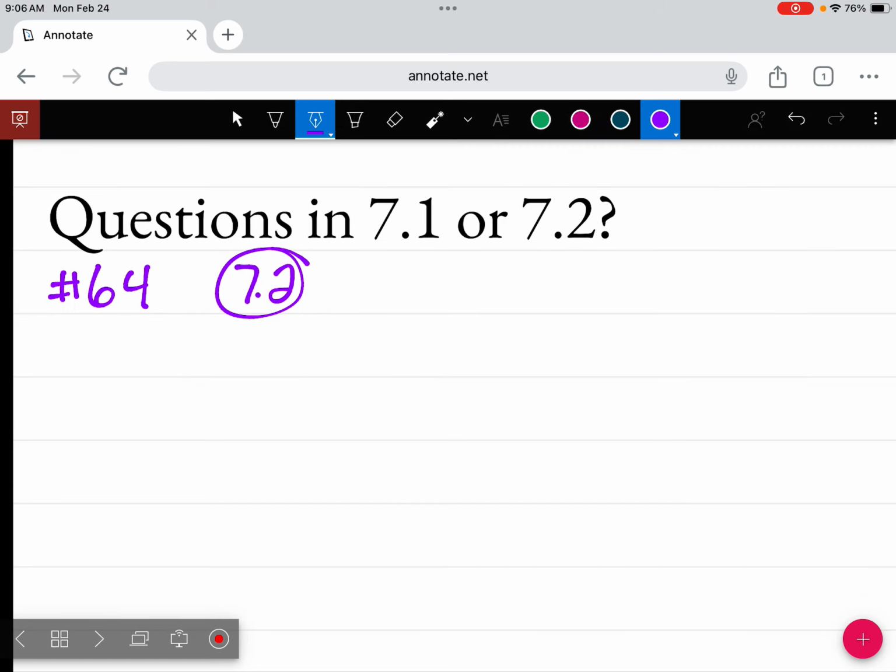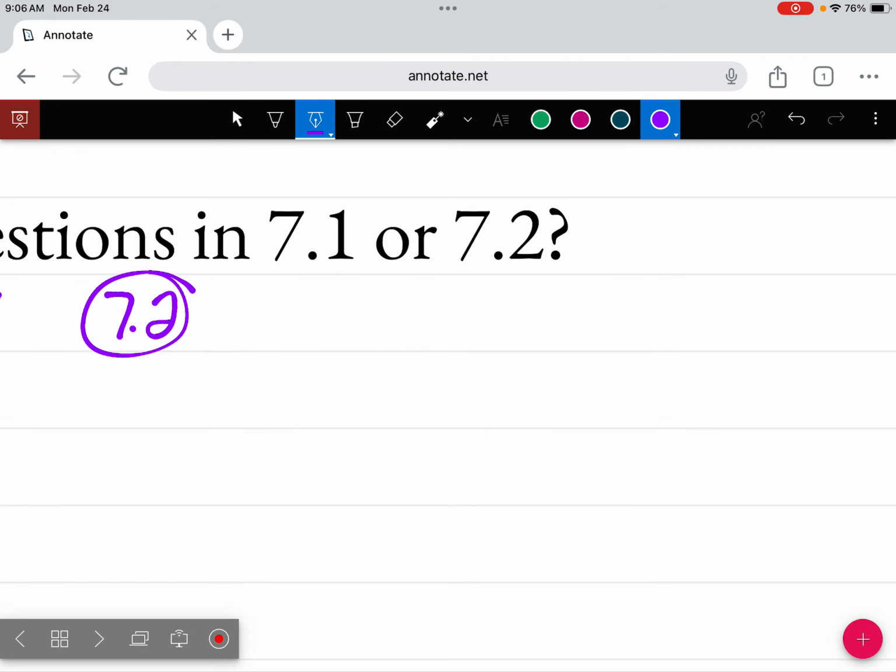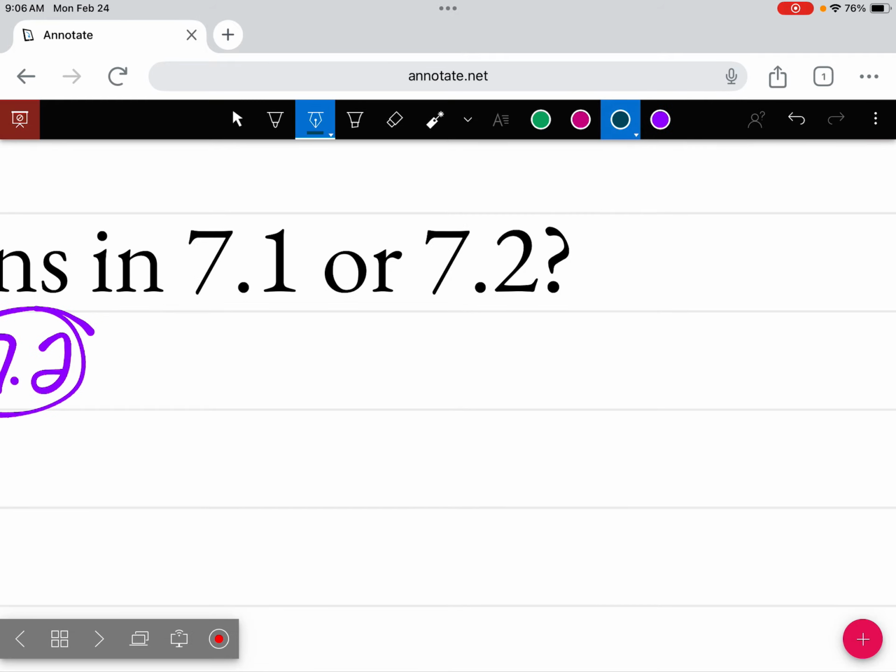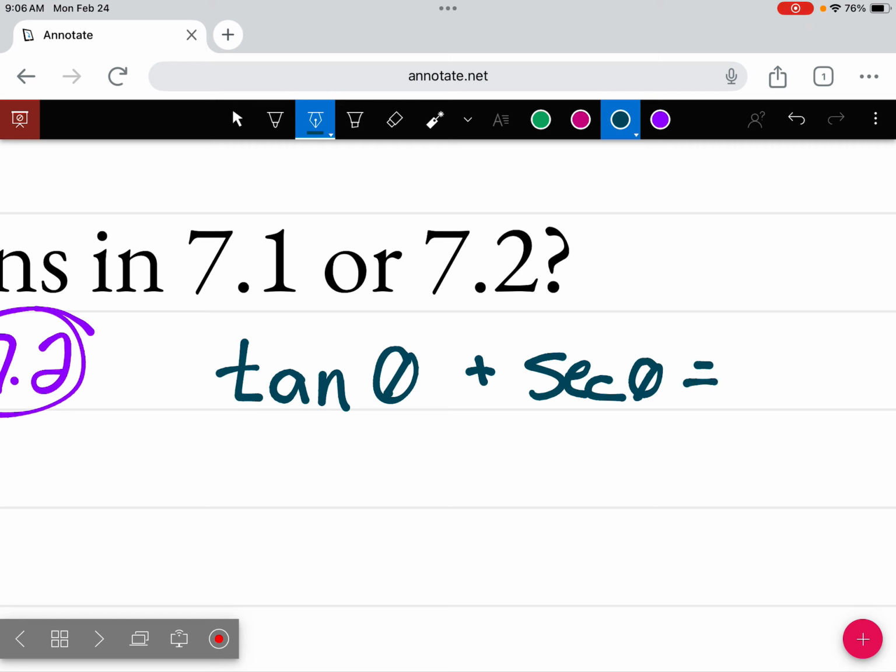All right, so 64, that's our tangent theta plus secant theta equals 1. 7.2, number 64.